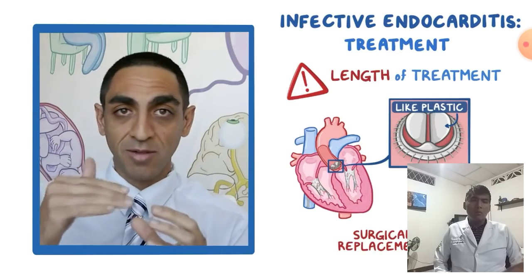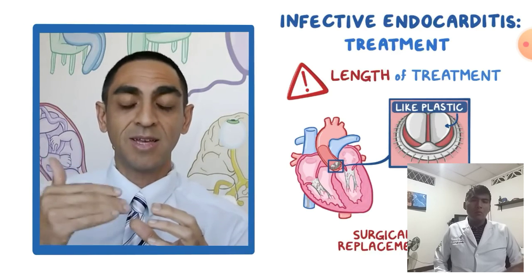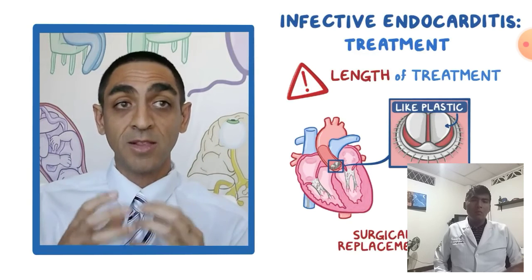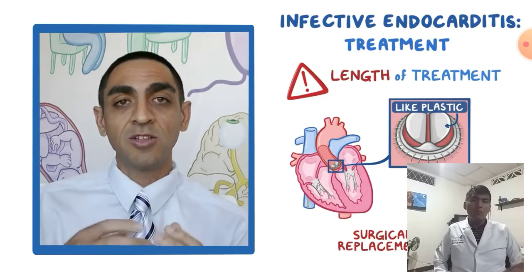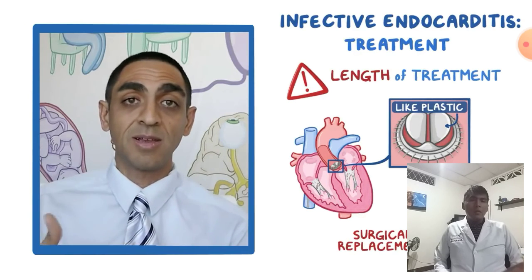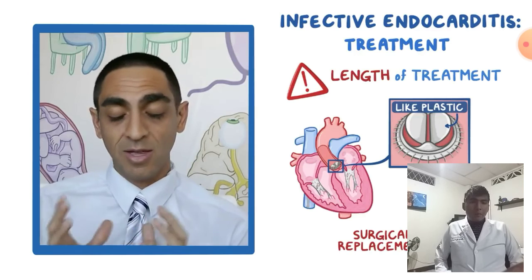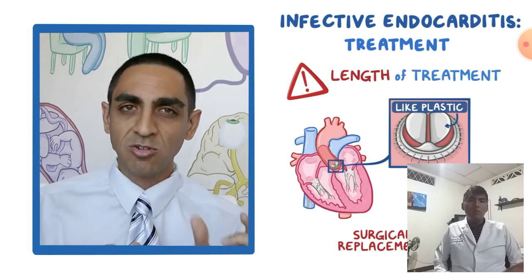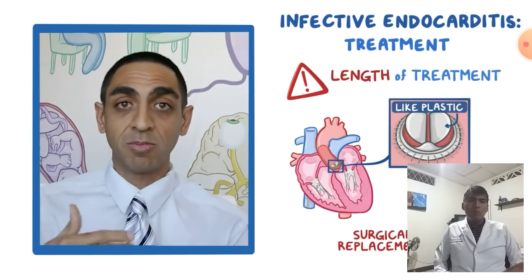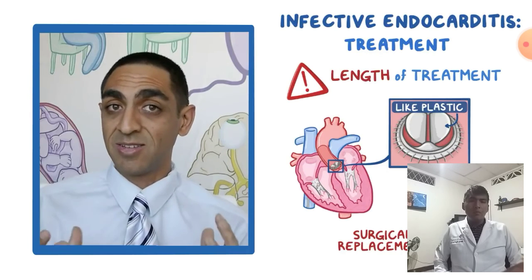As you can imagine, plastic doesn't have blood vessels, so antibiotics can't get to plastic. So if there's an infection of any prosthetic material, it's very hard to treat with antibiotics alone, and you usually end up having to take out that valve and surgically replace it. So anytime there's prosthesis, antibiotics are usually going to be tried at first, and oftentimes it fails, and then you have to surgically replace. So that's the keys on treatment.